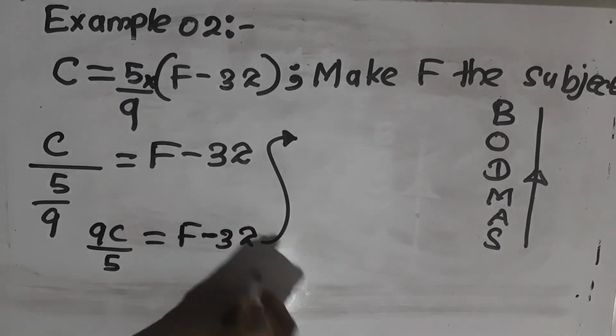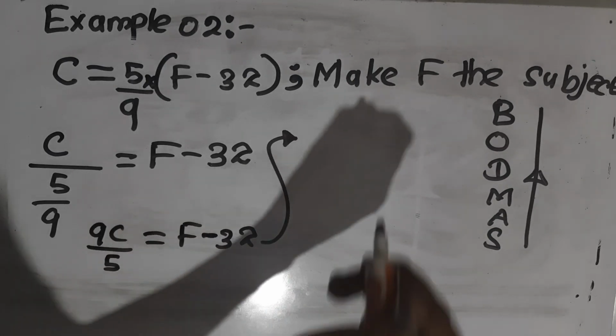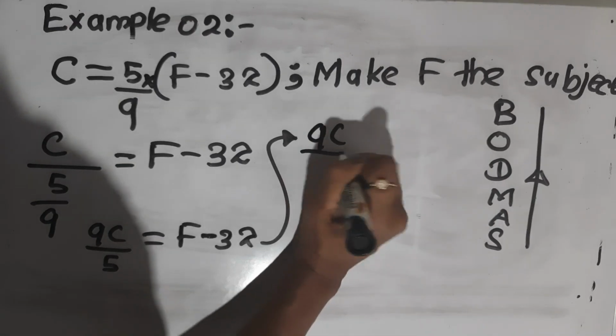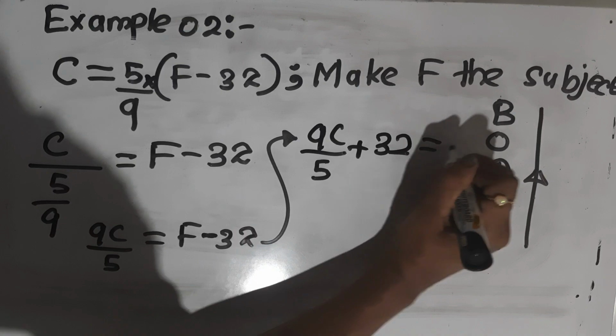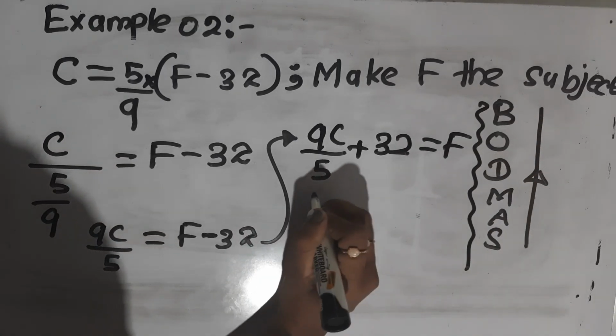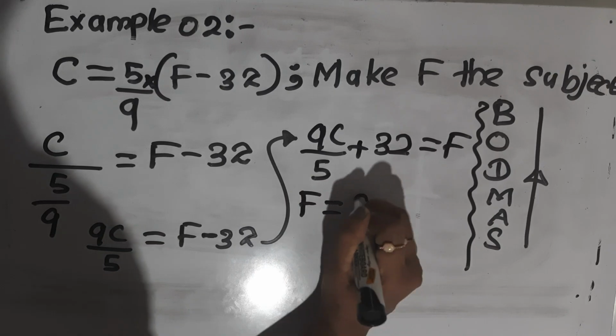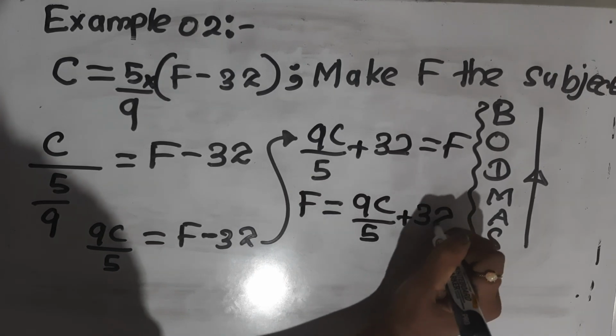Now we can remove this 32. It is going to the other side as plus 32. So 9c over 5 plus 32 equal f. f equals 9c over 5 plus 32.